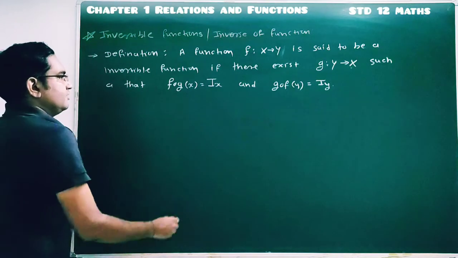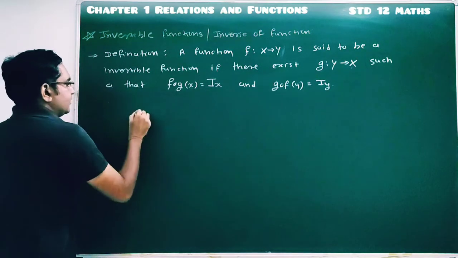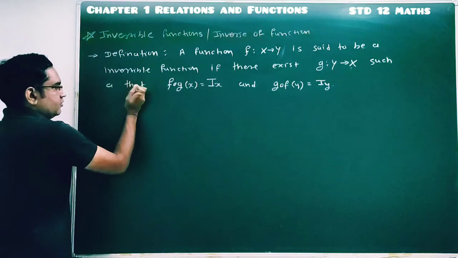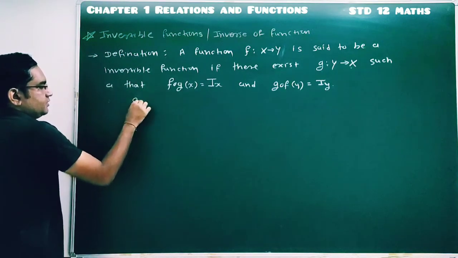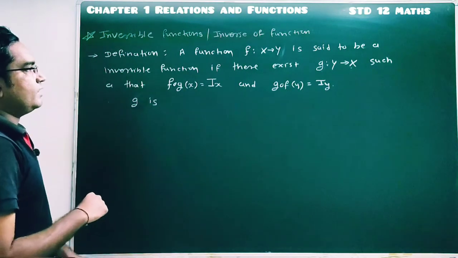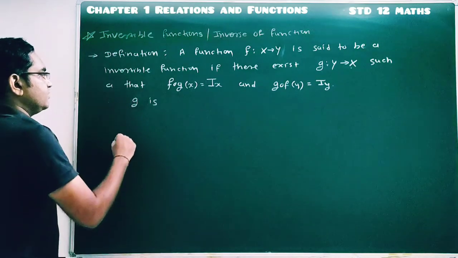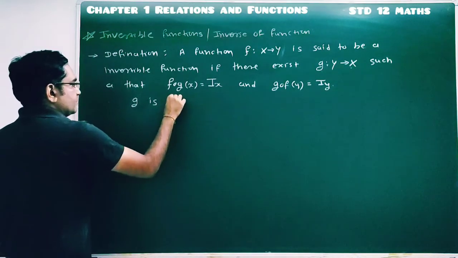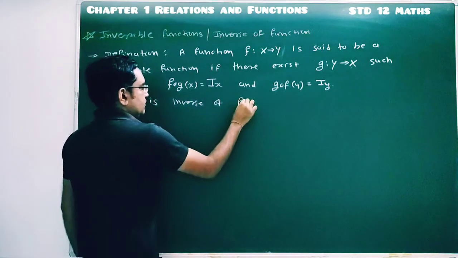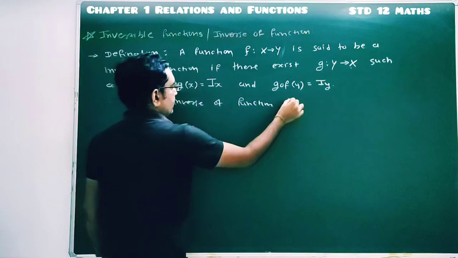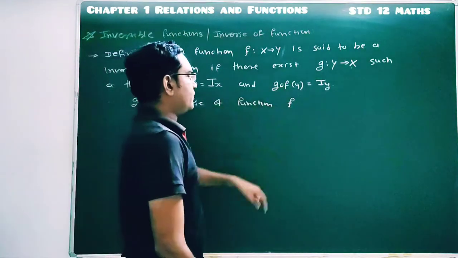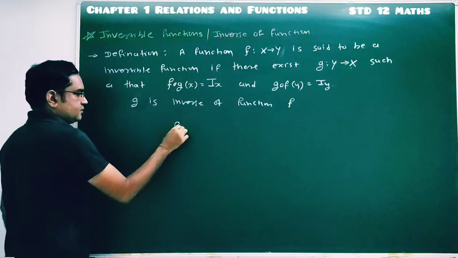And hence a function f from x to y is said to be an invertible function if there exists a function g, and g is the inverse of function f.